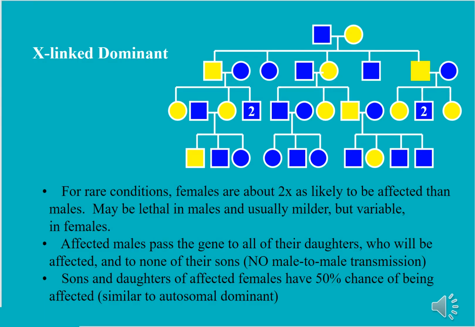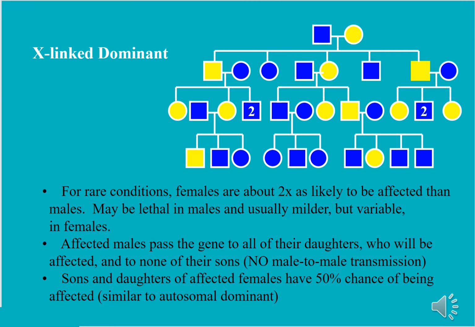This pedigree shows X-linked dominant inheritance. In this pedigree, we can see that females are about twice as likely to be affected than males. And the disease may be lethal in males, but usually milder or variable in females. Affected males pass the gene to all of their daughters, who will be affected, and to none of their sons, because there is no male-to-male transmission.